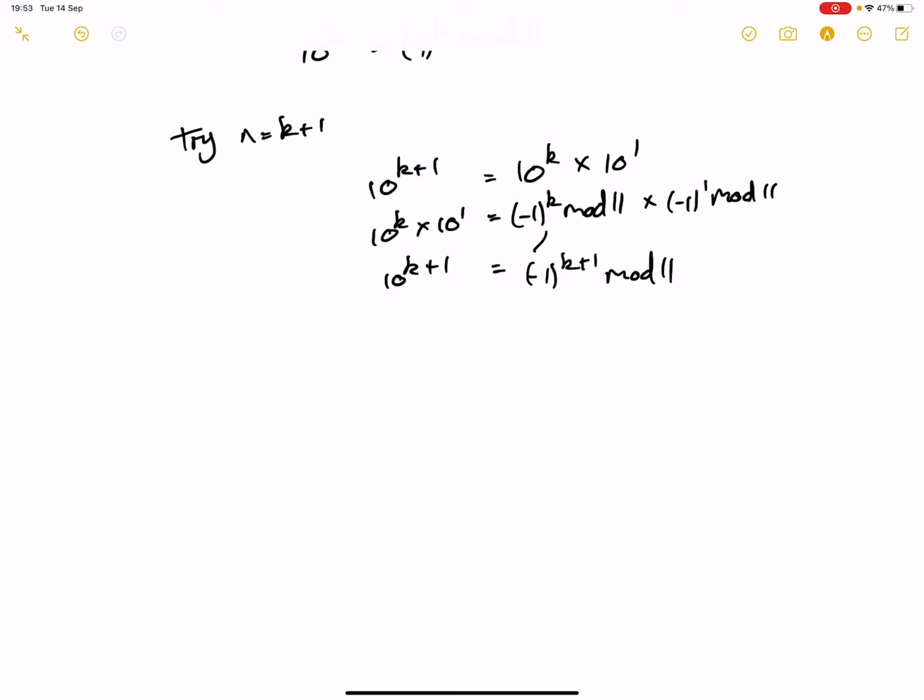Let's say k was even, we've got 1 greater than a multiple of 11 times 1 less than a multiple of 11. Therefore, it's just going to be a multiple of 11. Or, actually no, that's not necessarily true. But the point is, you can add the powers here. So you're left with 10 to the k plus 1 is equal to minus 1 to the k plus 1 mod 11, which is what we were looking for.